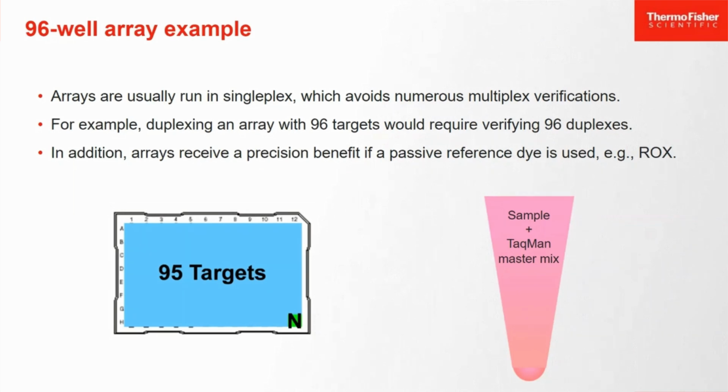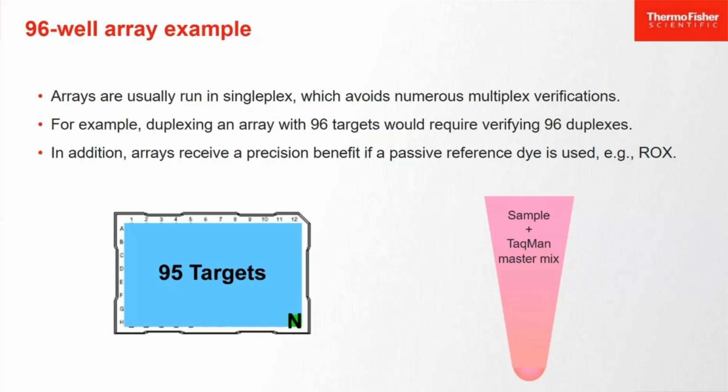I'll use a 96 well array as my example. Let's say I have a choice. I could run the 96 well array singleplex, or I could duplex all of those assays. First of all, the benefit is that instead of being able to measure 95 targets, I could now measure 96 targets. That benefit is minuscule, but there's also an issue because that would mean having 96 duplexes. I'd have to verify the performance of 96 duplexes, which may be rather cumbersome.